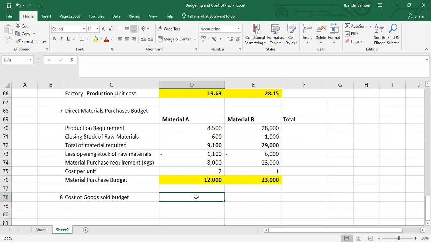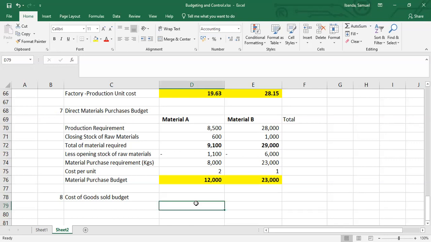And remember, we are working towards drawing up a master budget that will include both the statement of financial position and the statement of comprehensive income. So for us to determine what we shall use within the statement of comprehensive income, we have to determine our cost of goods sold budget.